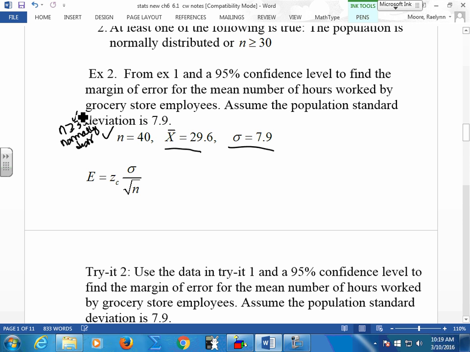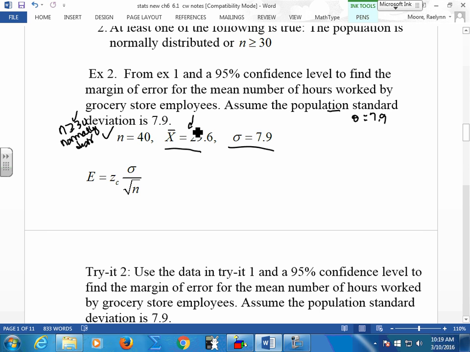So we're good to go with this. So we want to find the margin of error for the mean of hours worked by the grocery store employees. And we're also going to build this confidence interval at the same time. So we're going to assume that the population standard deviation is 7.9. Okay, so they gave us this. We didn't have to find ours. We just had to find the mean.